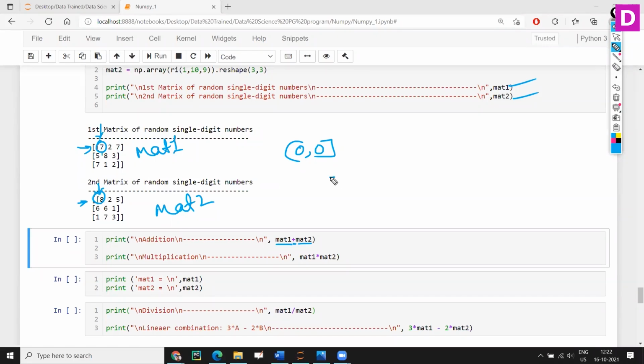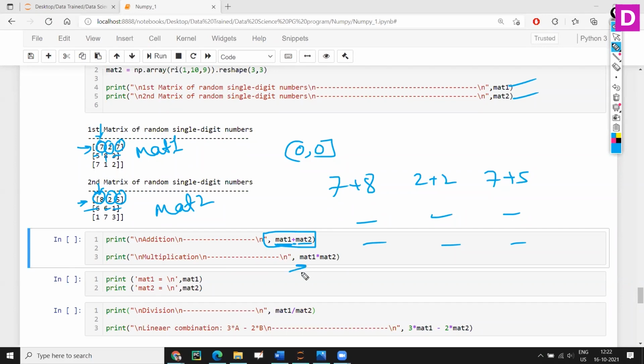So 7 plus 8, then 2 plus 2, then 7 plus 5. Similarly, 5 plus 6 here, 8 plus 6 over here, 3 plus 1 over here, and so on and so forth. That is what the addition does.